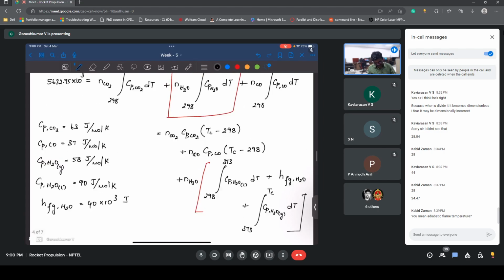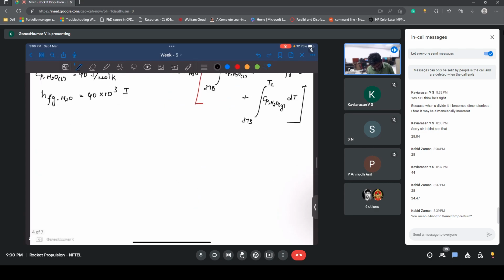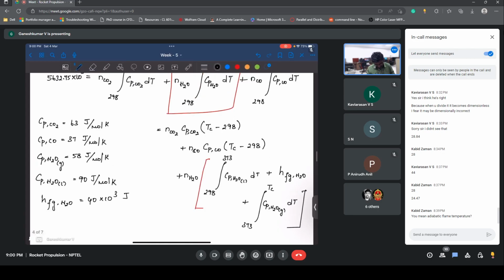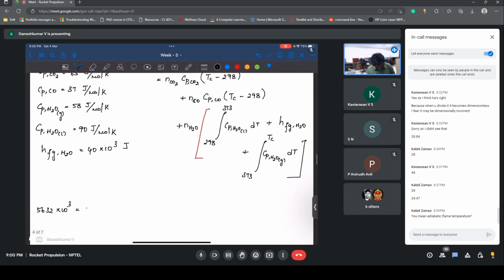So if I want to write this equation, 56.32 into 10 power 3, it's 5632, is equal to, so I will have carbon monoxide and carbon dioxide, both are going to be in the gas phase at both 298 and the combustion chamber temperature. And then carbon monoxide is all going to be Tc minus 298.